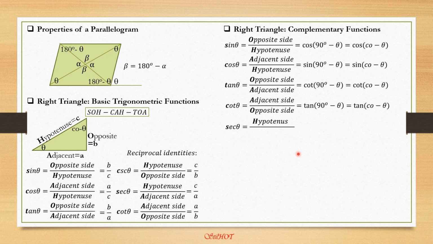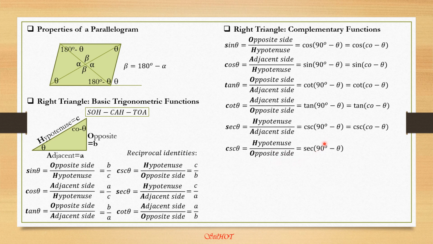Then secant of theta is hypotenuse over adjacent, and it is also the cosecant of 90 degrees minus theta, or cosecant of co-theta. Finally, cosecant of theta is equal to hypotenuse over opposite side, and it is equal to secant of the quantity 90 degrees minus theta, or simply secant of co-theta. So that's it for complementary functions.